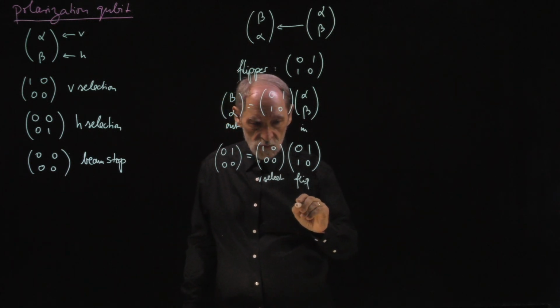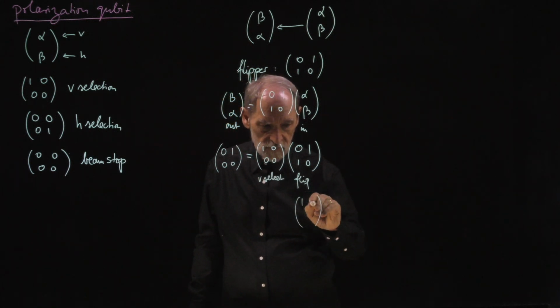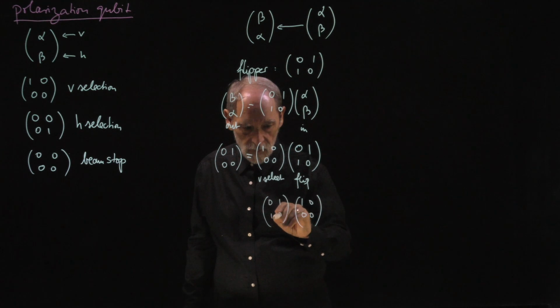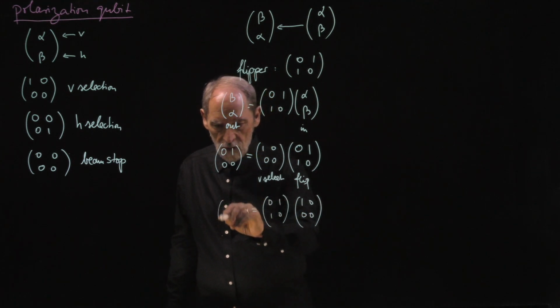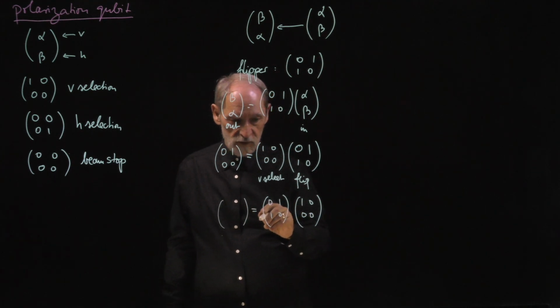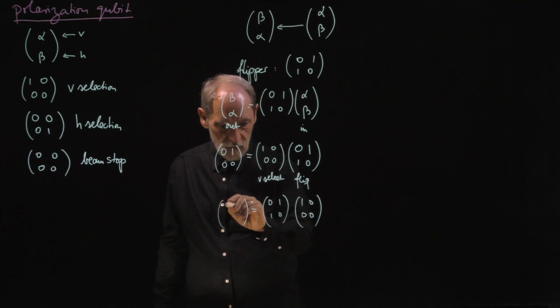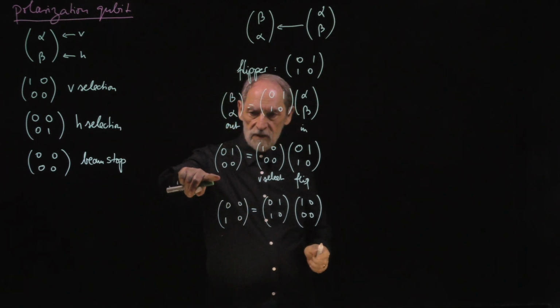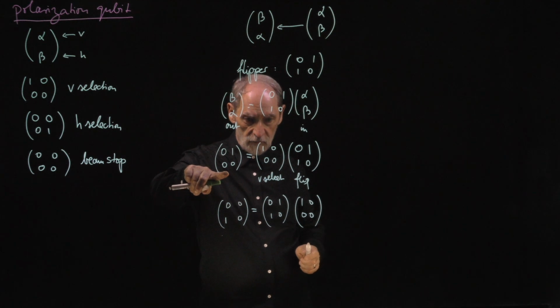Now, if we do the V selection first, and then we flip, we have a 2 by 2 matrix as the outcome, and that 2 by 2 matrix is 1, 0, 0, 0. And that matrix is different from this one, right?